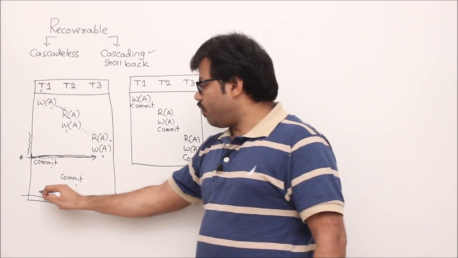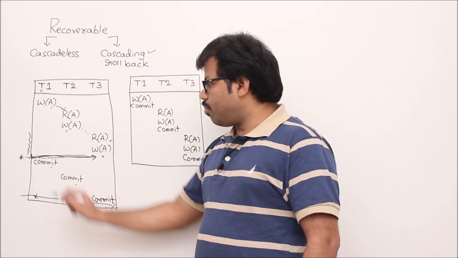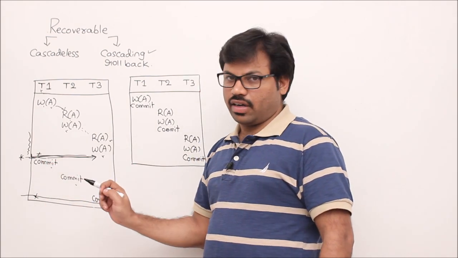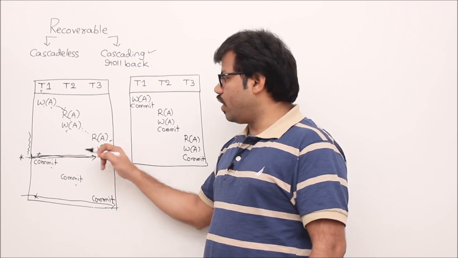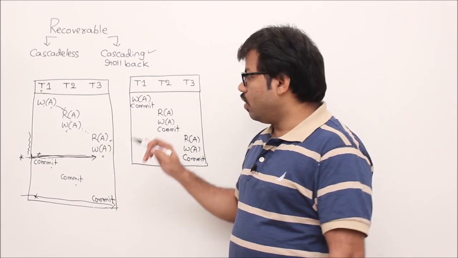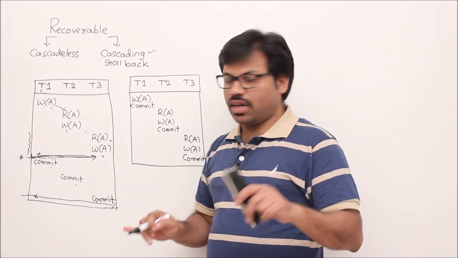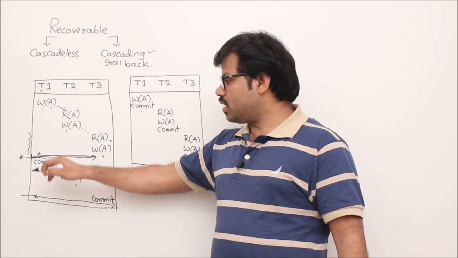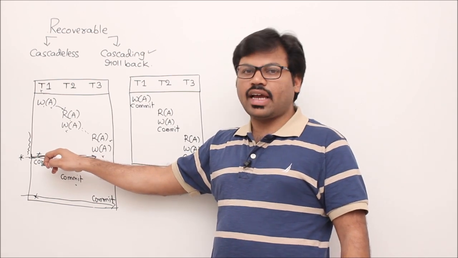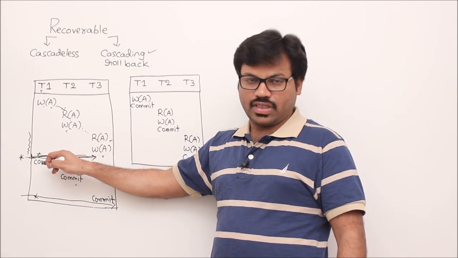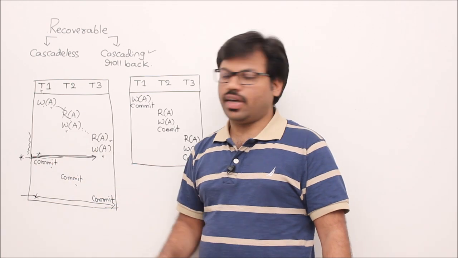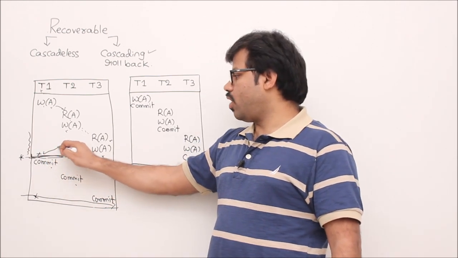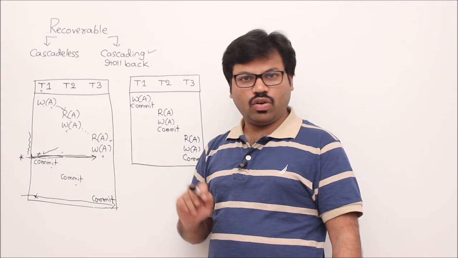Yes, when power failure occurs here, everything is correct. But if power failure occurs here, not everything is correct, so we should definitely do cancellations. So we have to see a possibility. I'm not saying that we have to check everywhere. If there is at least one possibility where you can show that cancellation should be done, then we say it is a cascading rollback schedule, right? Since I'm showing one possibility here, it is cascading rollback.